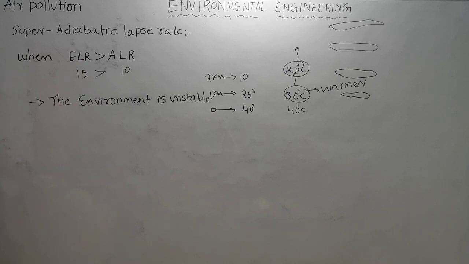We want unstable conditions only, so that the pollution parcel will escape. If it is a stable condition, then it will not escape.